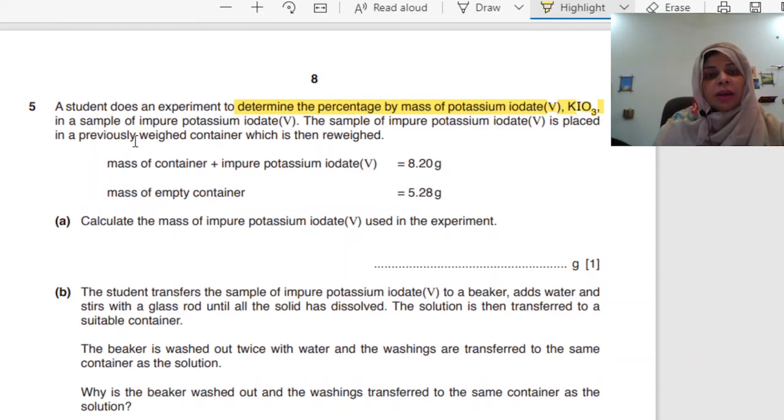In a sample of impure potassium iodide, the sample is placed in a previously weighed container which is then reweighed. So in the beginning we have impure potassium iodide. We have to calculate the mass of impure potassium iodide, and how will we get it? We will get it by subtracting the values of both these.